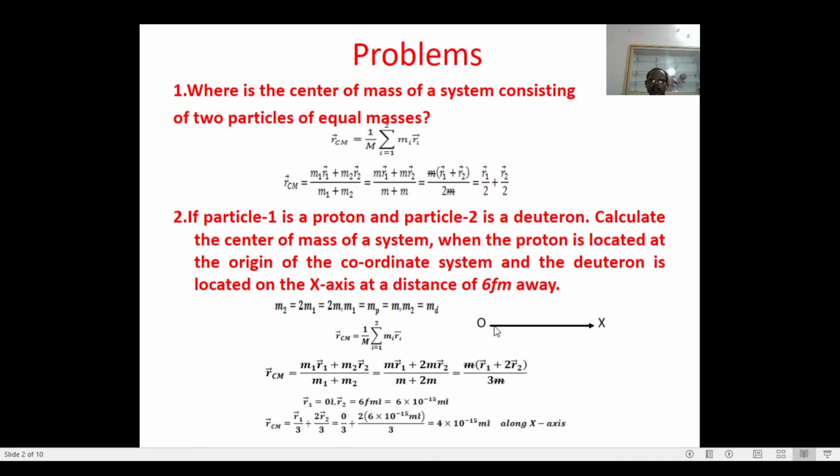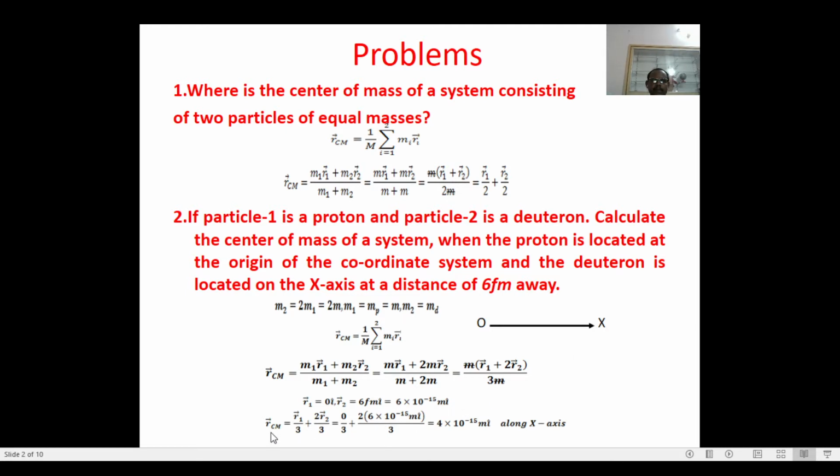Now the position vector of proton at origin is 0 i cap, and the position vector of deuteron somewhere along the x-axis, 6 Fermi away from origin, is 6 Fermi i cap, because it is along the x-axis, which can be written as 6 into 10 power minus 15 meter i cap.